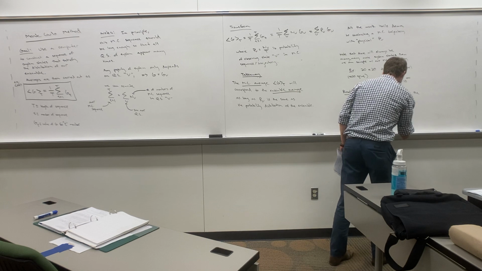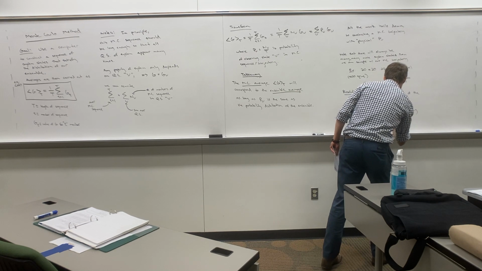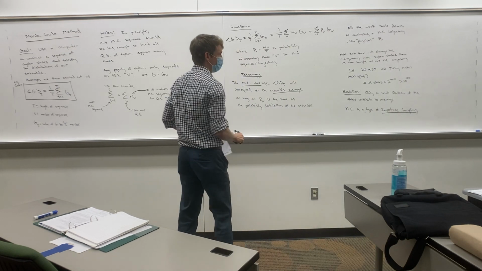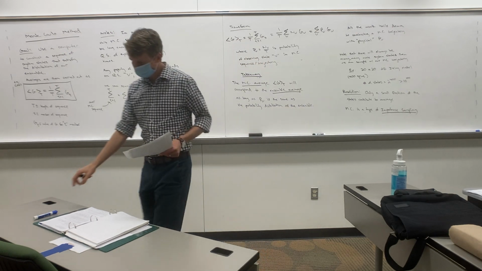And this is in a statistics class, even though it's called statistical mechanics. So we're not going to go into the details here. If you take a statistics class, you can go into the details. But let me just draw a picture for what I mean.